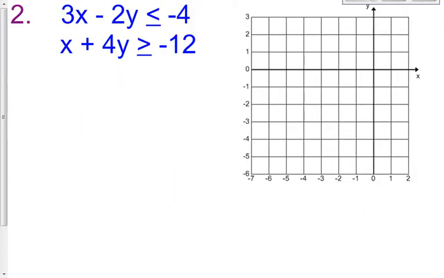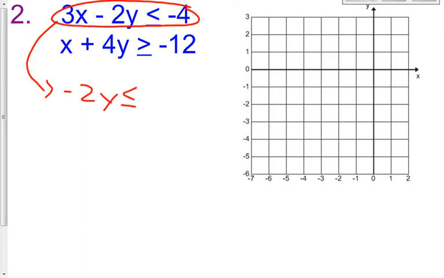So for this one, we're going to put it into y equals mx plus b form. Whenever we have inequalities, it's best to graph in y equals mx plus b, because it's easier then when we do our greater than or less than, shading above the line and below the line. So I'm first going to do this one. It's negative 2y is less than or equal to negative 3x minus 4.